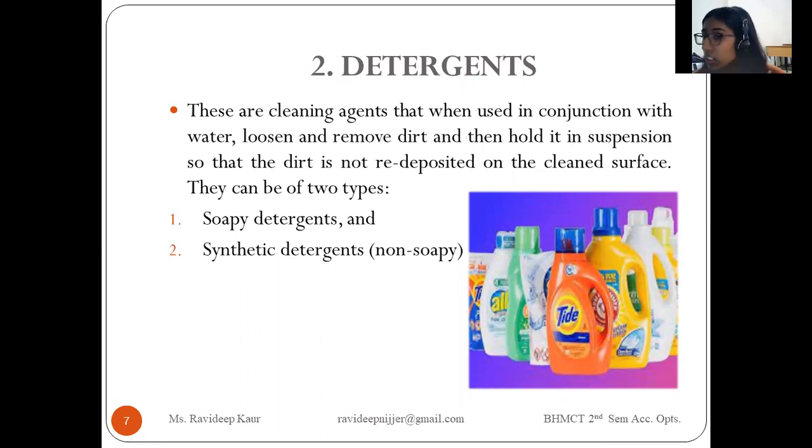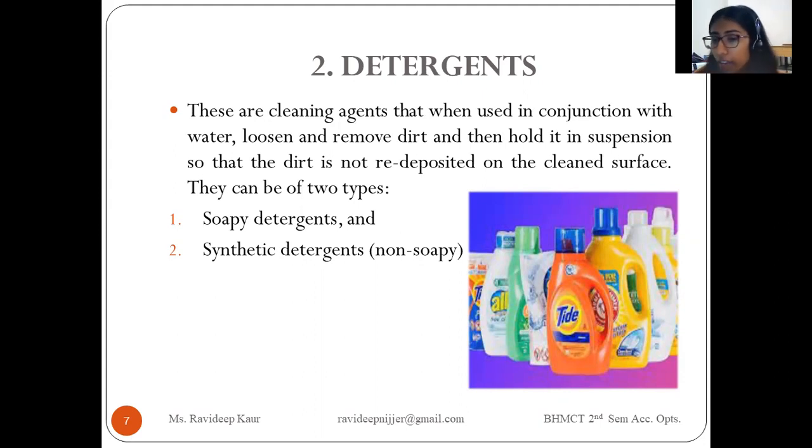So students, a detergent is a cleaning agent used with water to loosen up and remove the dirt, and it makes sure the dirt is not redeposited on the clean surface.